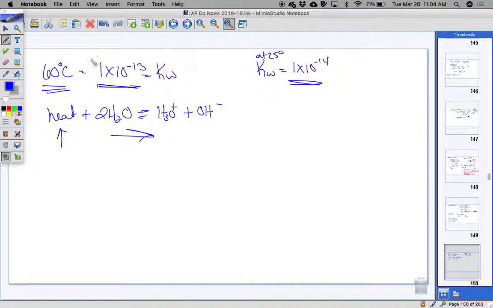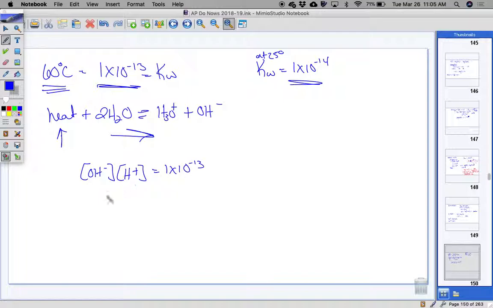We also should just be able to use this number. The next one says calculate the H plus and OH minus in a neutral solution. They have to be equal.